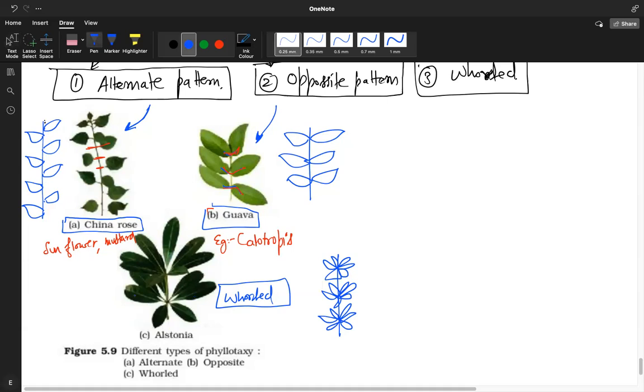So example here is the very beautiful Alstonia plant. Have you seen the flowers of Alstonia? Alstonia is a very common ornamental or roadside plant, where people want to put flowers in front of buildings, etc. They mostly grow Alstonia.